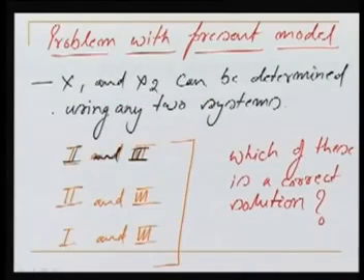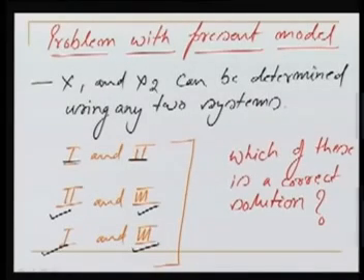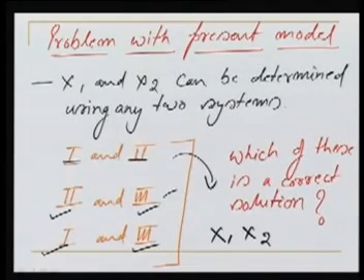But at the same time, I can also do it by taking equation 2 and 3. Also I can do it by taking 1 and 3. So what we are saying here, the solution for X1 and X2 can be found by these three routes.